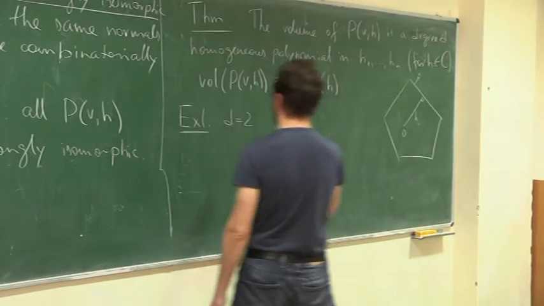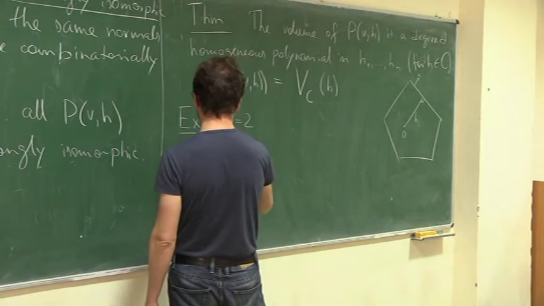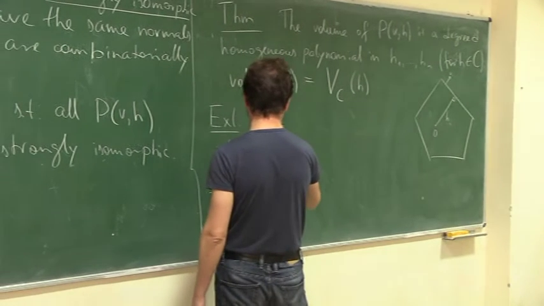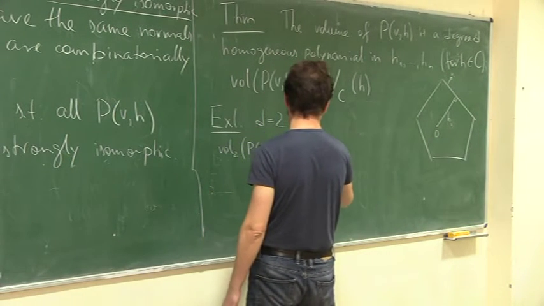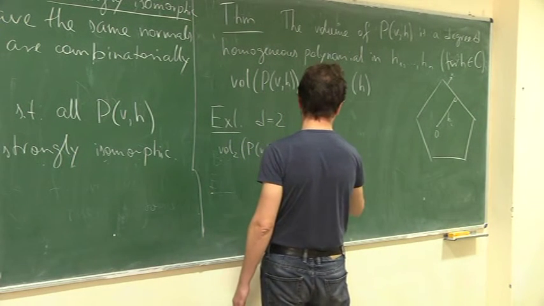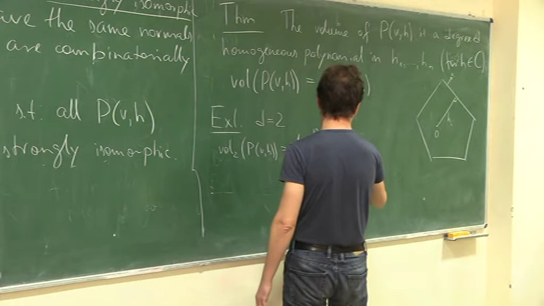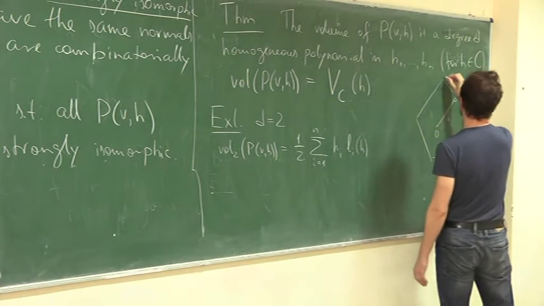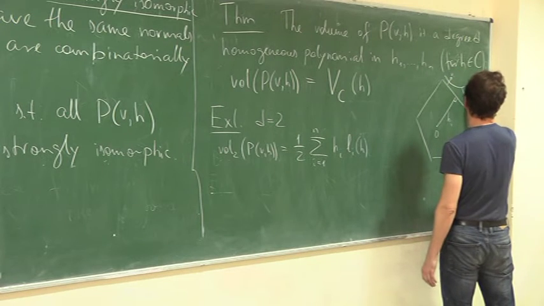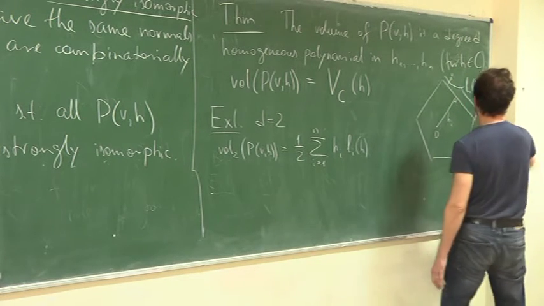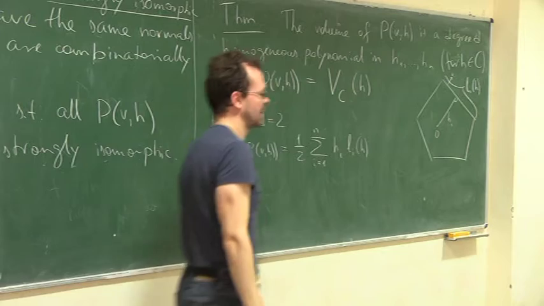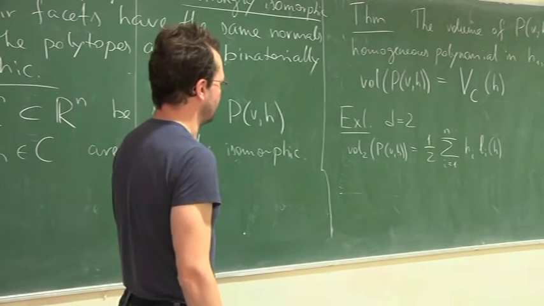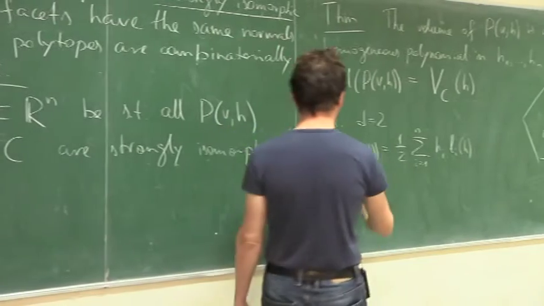Then in this case the volume, so that is the area of this polygon, is equal to 1/2 the sum of all Hi times Li of H. So Li is just the length of the corresponding side, right? And this length, Li of H, is a linear function of H.